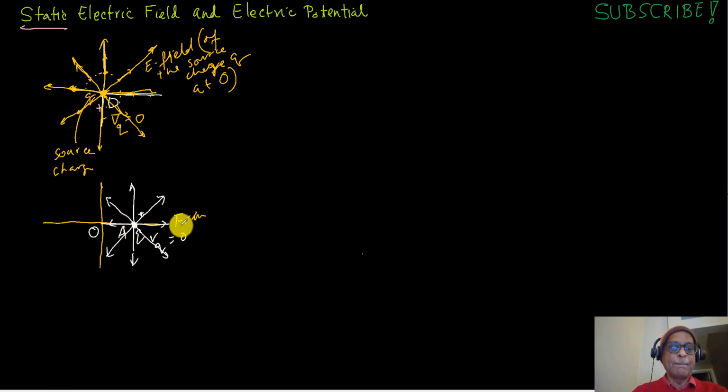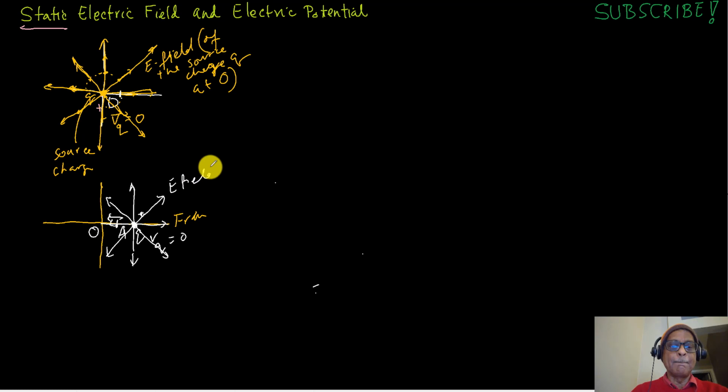Over here the field is pointing toward the negative x-axis, although the point is at positive x. This point is on the right of the charge, but this other point is to the left of the charge, and so on the left part the electric field is going to the left.